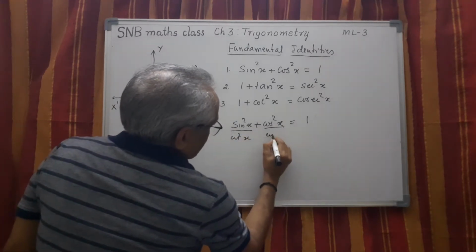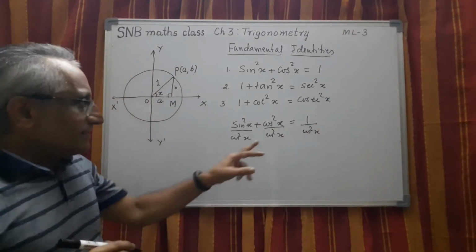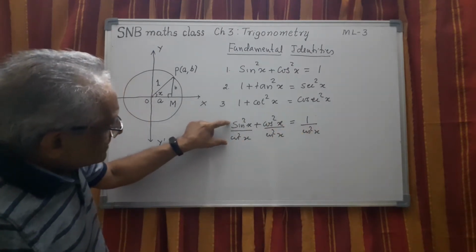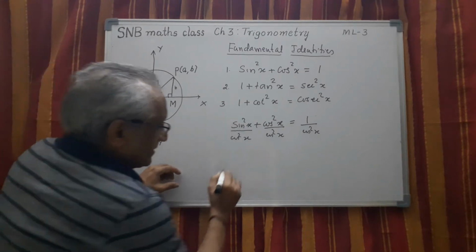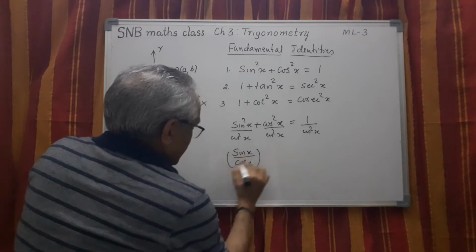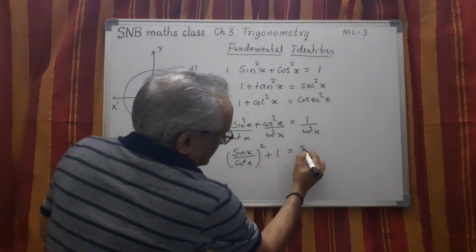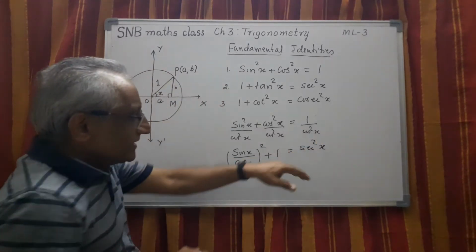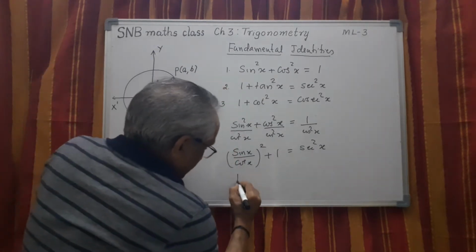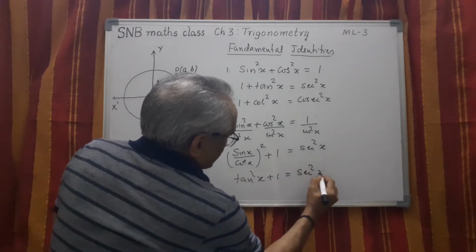Here also cos square x, here also cos square x, because you know that in an equation, we can divide left hand side as well as right hand side. Now what is sin square x by cos square x? It is sin x by cos x, whole square. This is 1, but 1 by cos square x can be written as secant square x. But what is sin by cos? Tan. So we get tan square x plus 1 equal to secant square x.